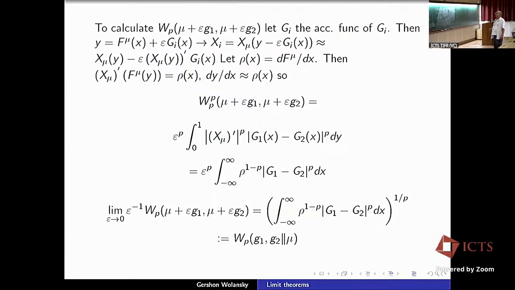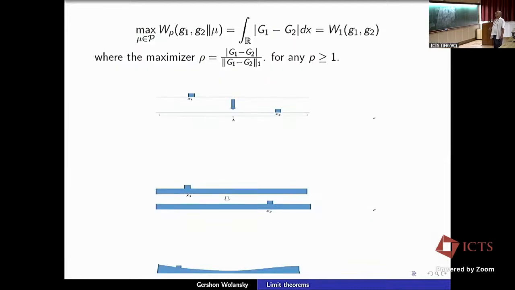So when I wrote the optimal rho, if G1 and G2 are accumulation functions of two delta functions, then this will be just a constant, right? A constant between x1 and x2 and 0 otherwise.